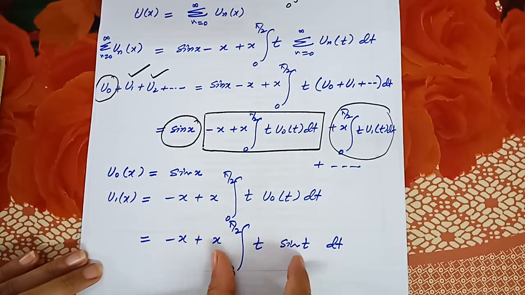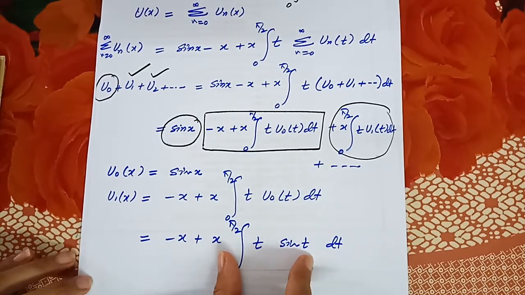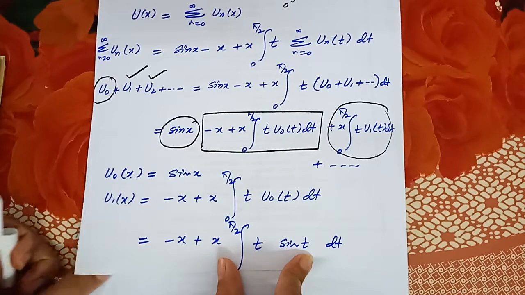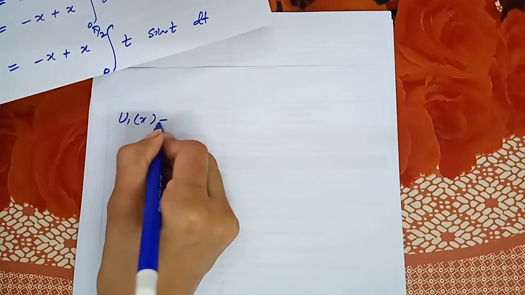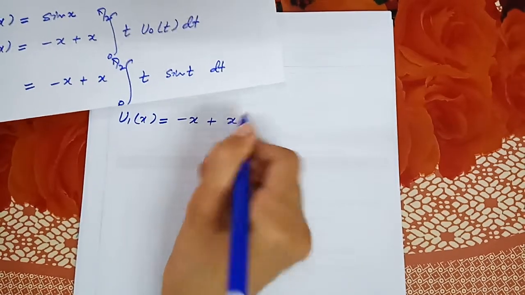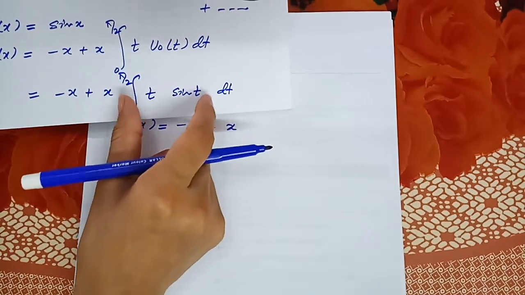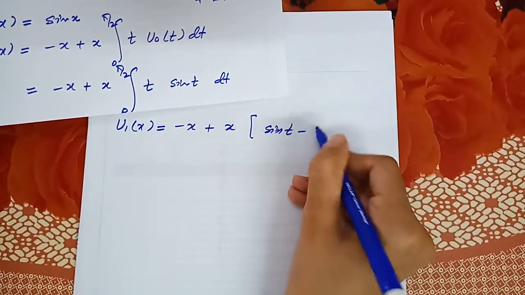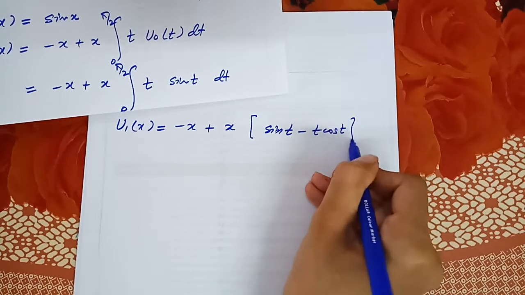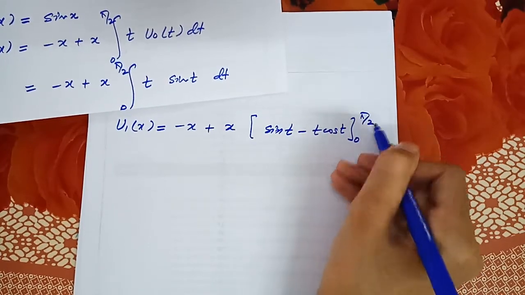Now we can simplify this integral by using the integration by parts method. So the answer will be u1 of x is minus x plus x times, after applying integration by parts, sine of t minus t cosine of t, and the limits of integration are from 0 to pi by 2.